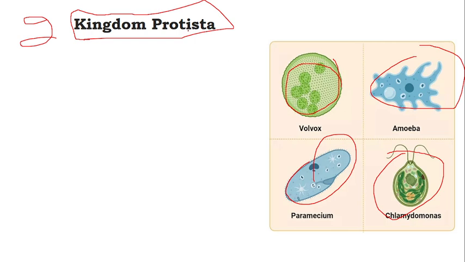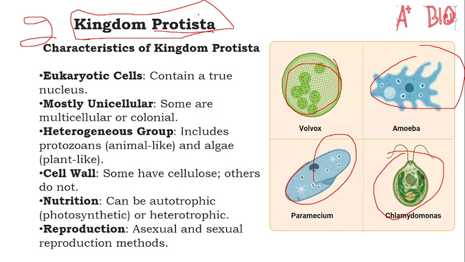When they ask you the characteristics of kingdom Protista, they are unicellular, number 1. But although they are usually unicellular, we have some which are multicellular. They are usually eukaryotic cells, meaning they contain a true nucleus.